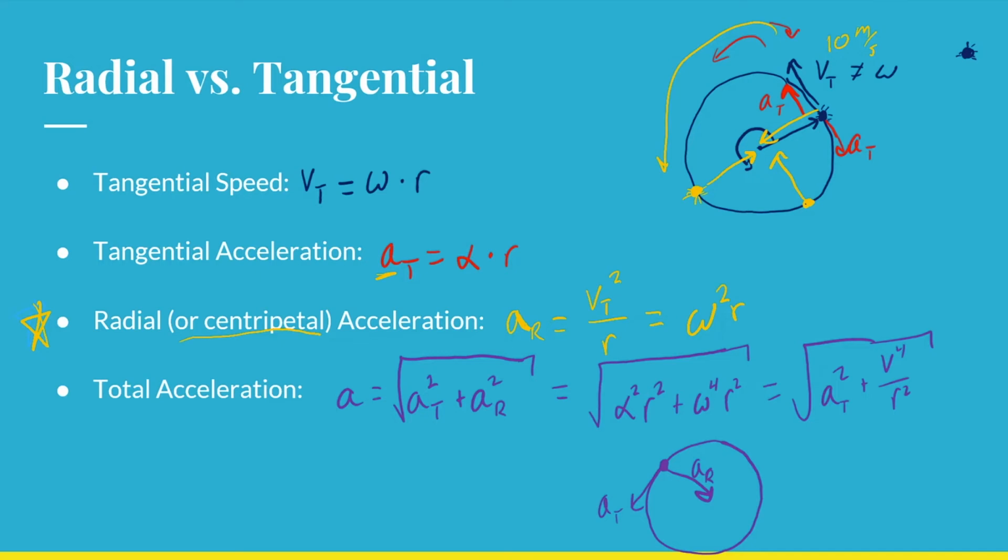Then if you know how to add these vectors right here, you could just move this line to be here, and then draw a line right here. So let me make that a little bit more clear, because that's messy. Oops. The total acceleration is going to point between these two.